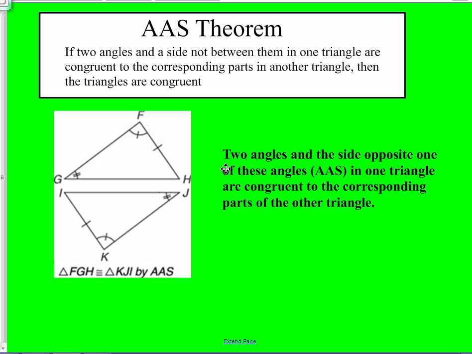So in this case, the side does not have to be between the two angles, but it does have to be connected to the other angles. So for instance, we have angle G, angle F, and side FH, and they correspond to the angles and the sides in triangle KJI.